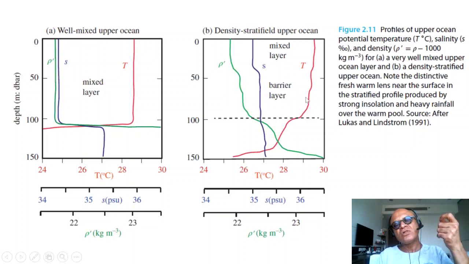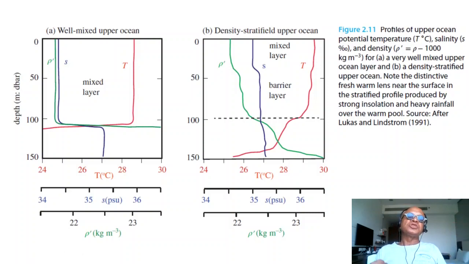So this layer is called a barrier layer because it's a barrier to surface cooling by the entrainment process. This becomes critical in many places to determine how sea surface temperature responds to the turbulence and mixing action by the winds or the cooling and heating action by the heat exchanges.